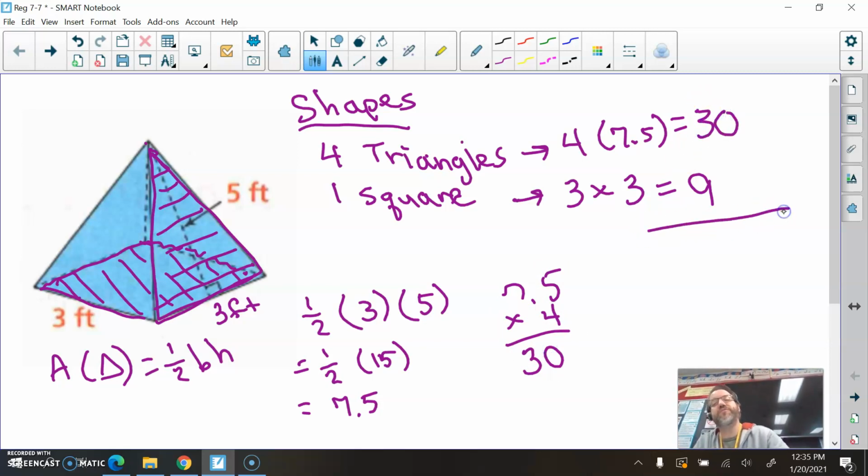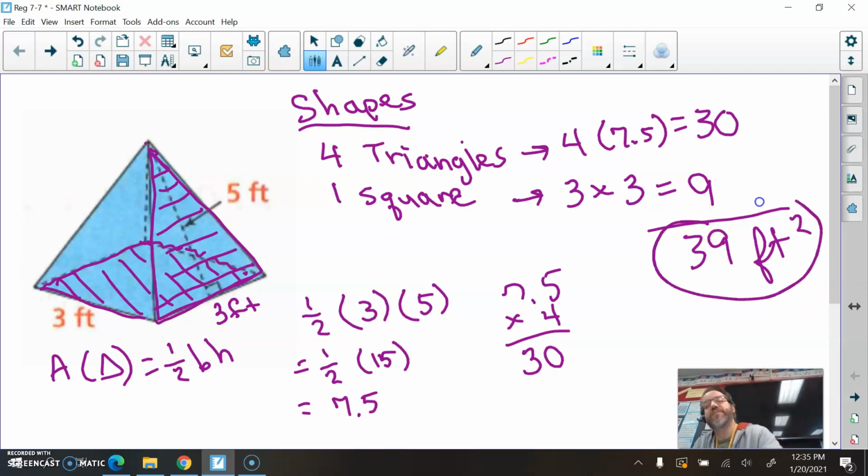So our total surface area for this pyramid is 30 for the four triangles plus 9 for that square base. We have a total of 39 square feet. Okay. Did that end up being easier than you expected it to be? I think that came out to be a little easier than you might have.